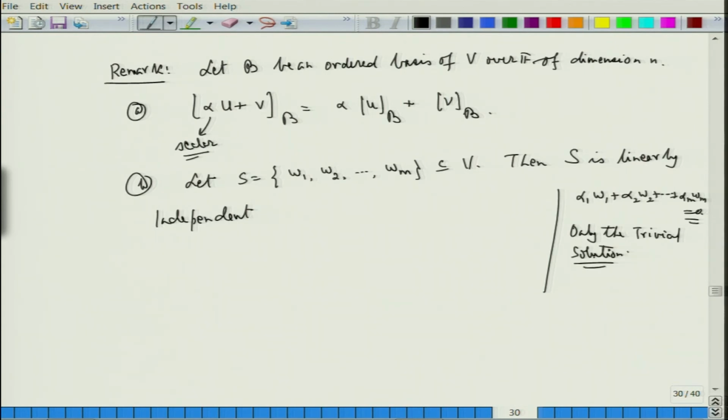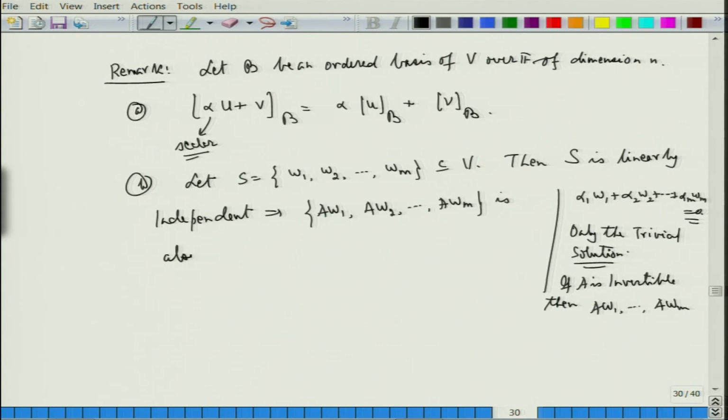So let's recall one of the results that we had, that if I multiply by a linear transformation A, then what we know is that if A is invertible, then S linearly independent, that is W1 to Wm, will imply that AW1, AW2, AWm is also linearly independent whenever A is invertible.